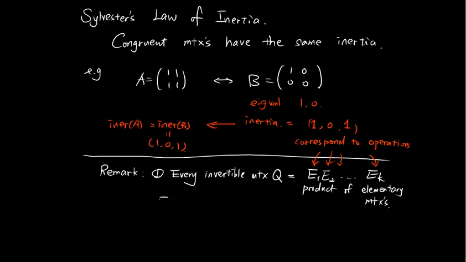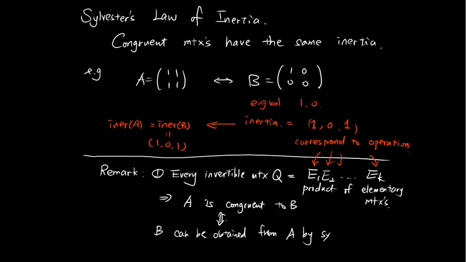So, A is congruent to B if and only if B can be obtained from A by symmetric row and column operations.